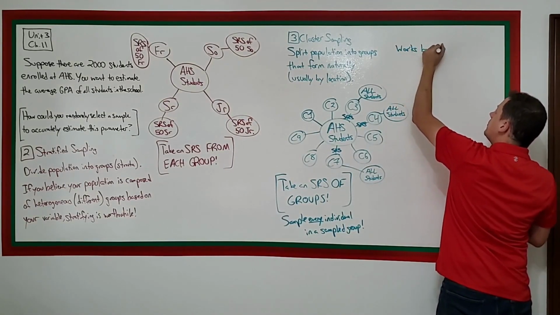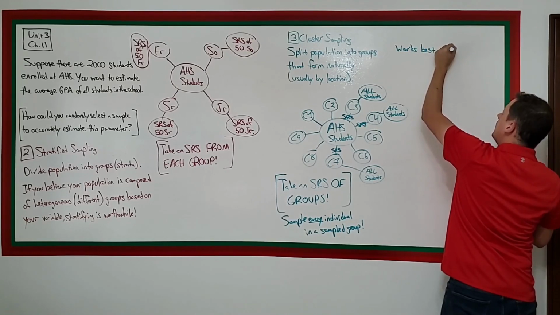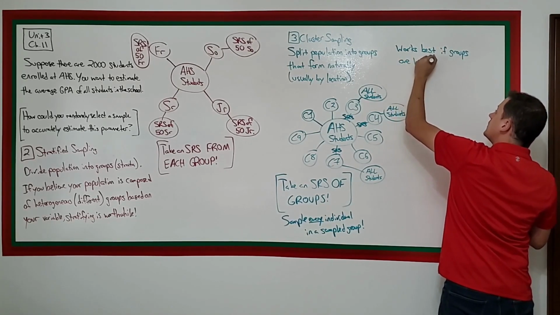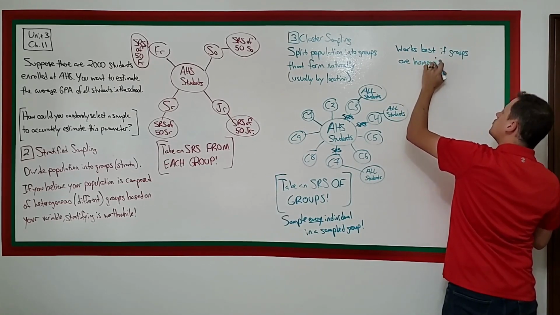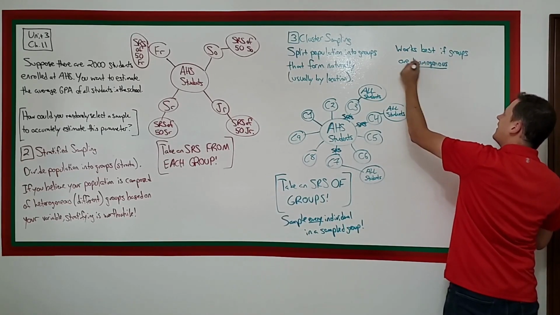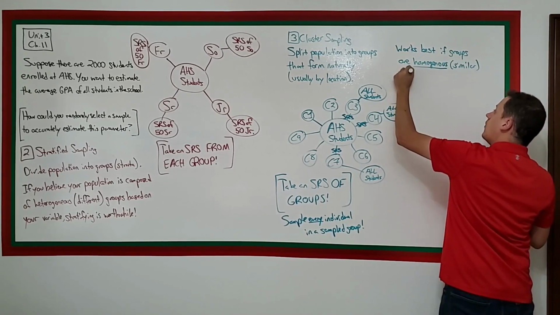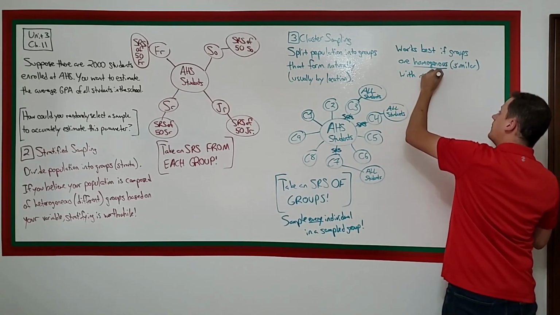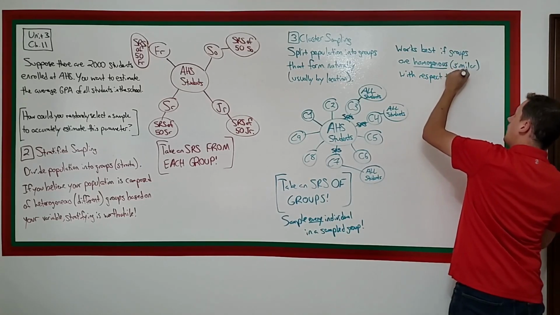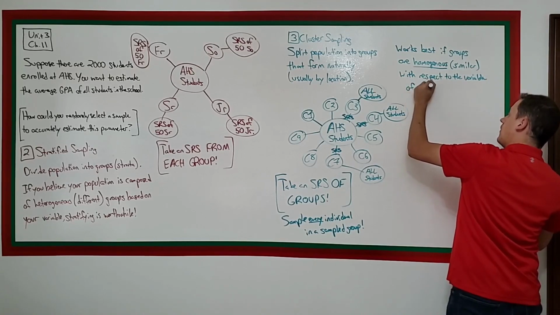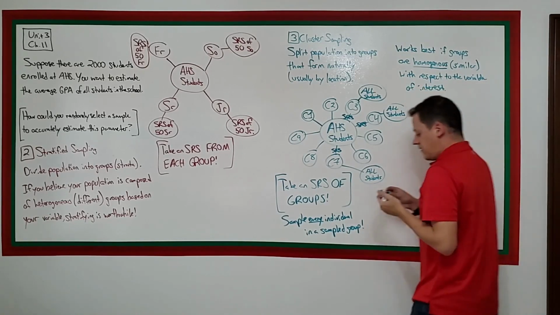So cluster sampling works best if the groups are homogeneous, or similar, with respect to your variable of interest. Okay.